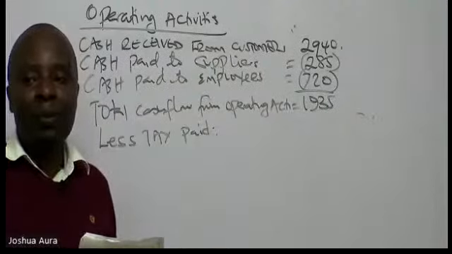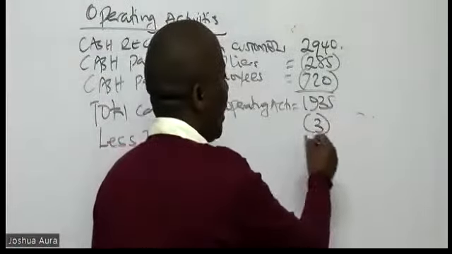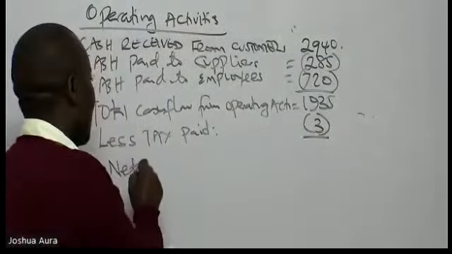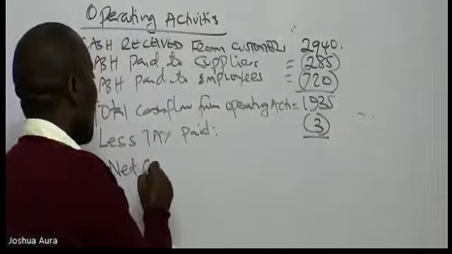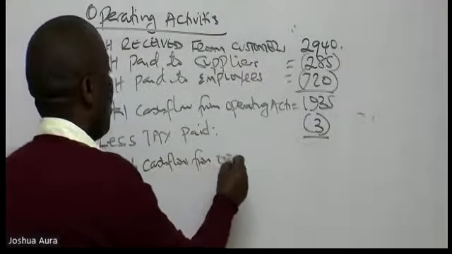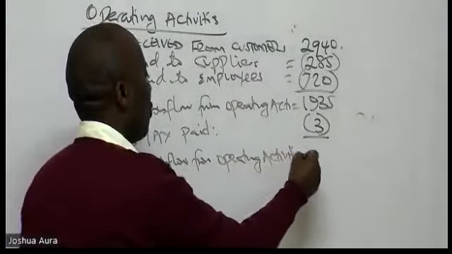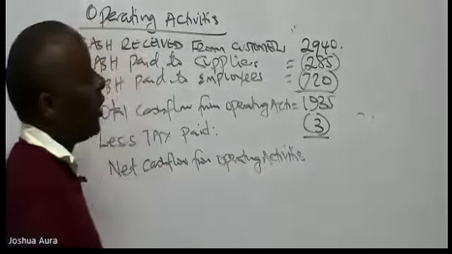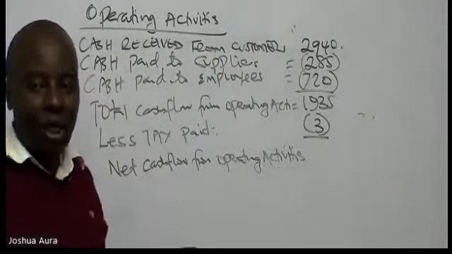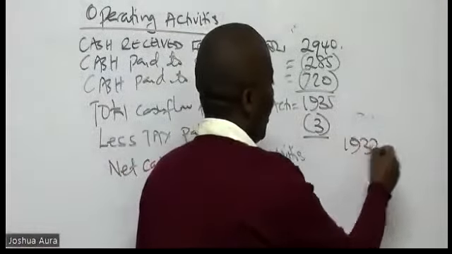Tax paid is 3. So when you subtract like that, then you should be able to get a net cash flow from operating activities. 1935 minus 3 gives me 1932.